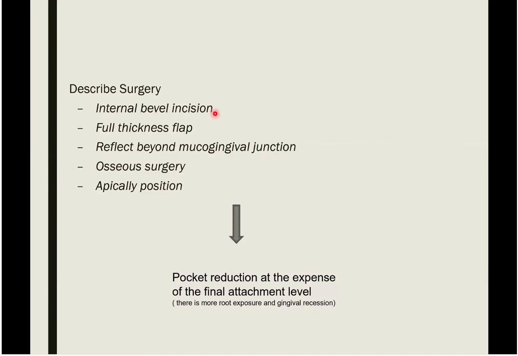But we know that all flaps have an internal beveled incision. If we're treating pockets around teeth, it's full thickness. If we're treating a mucogingival defect, it may be a partial thickness. But if we're trying to get access to the bone, then we're probably going to go past the mucogingival junction so we can perform the osseous surgery and then apically position the flap. So the bottom line is we get pocket reduction at the expense of the final attachment level, and we get more root exposure and recession if we apically position a flap.